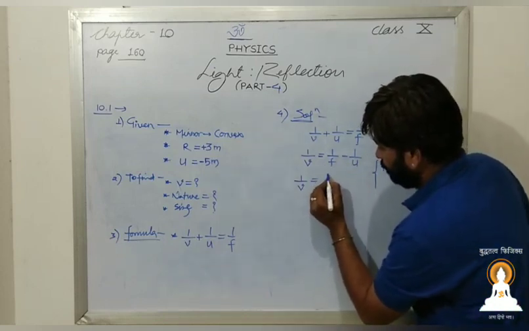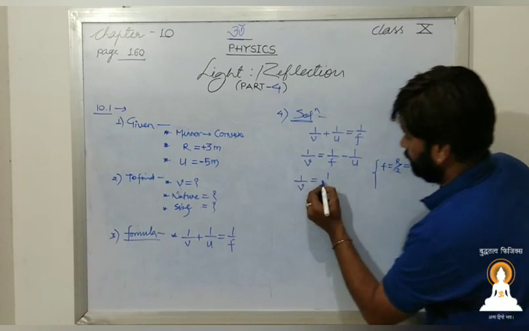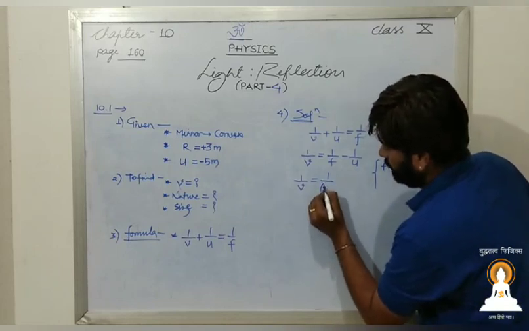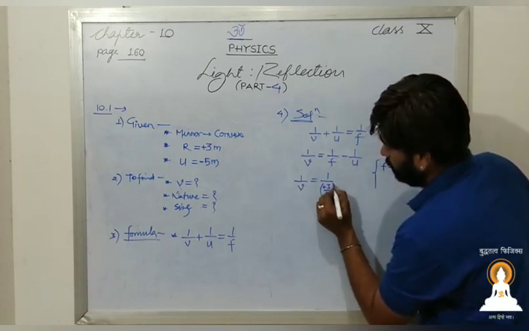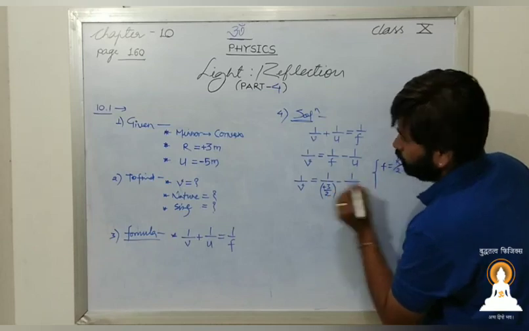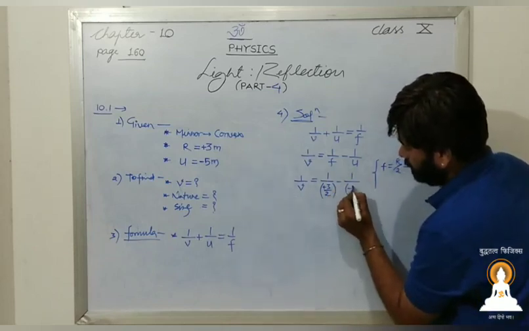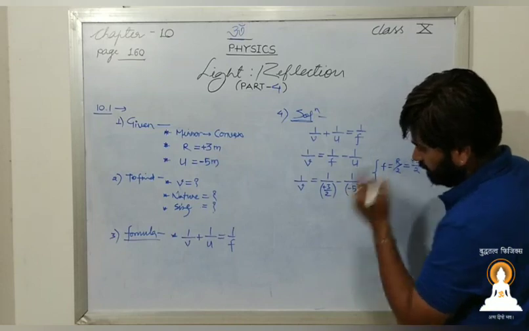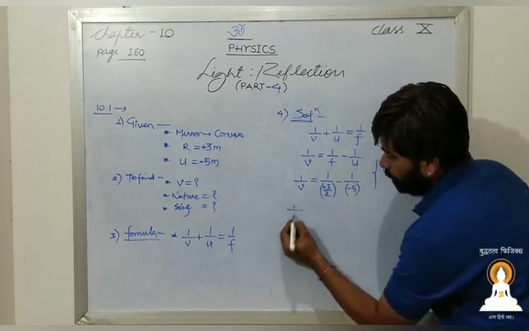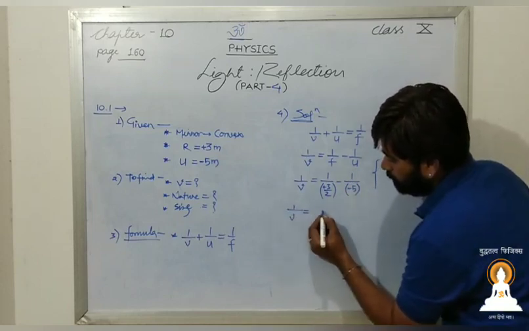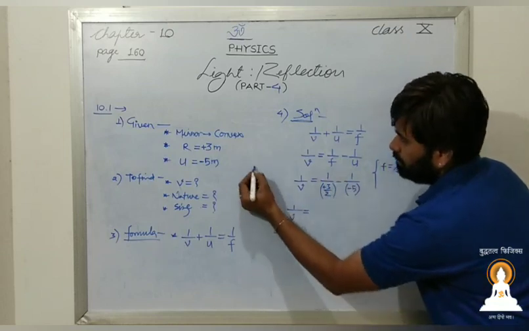So 1 upon f. F we have already got from here, that is 3 by 2. No problem. Minus 1 upon u. U is what? Minus 5. Just concentrate over here. So 1 upon v will be equal to, now this 2 upon 3, very simple.